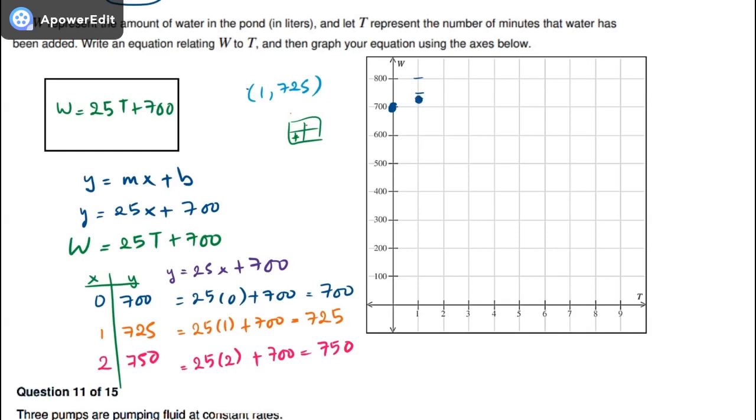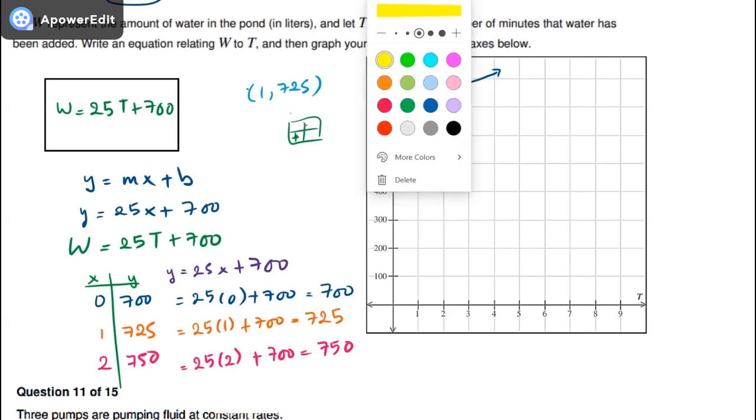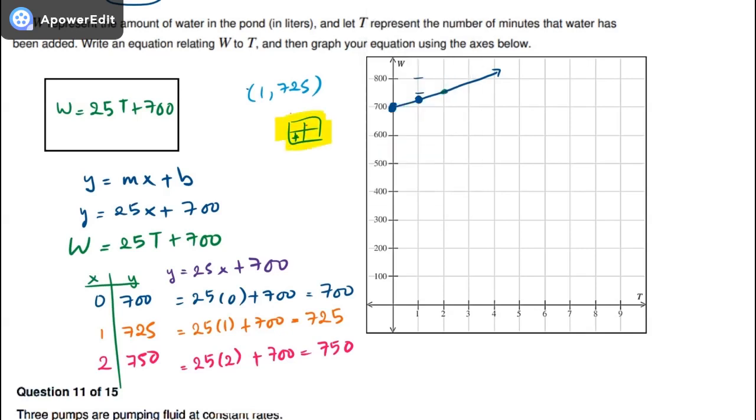It's going to be right here. I'm so sorry for the confusion. And for 2, you go up to 750. Then we draw the line through it. To avoid the complication of that, you should click on this button right here to plug in the point. That will help you solve a lot of problems there.